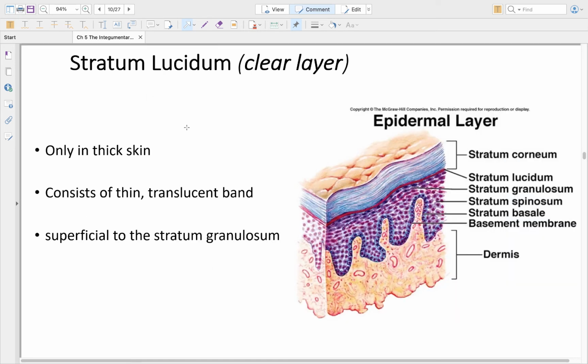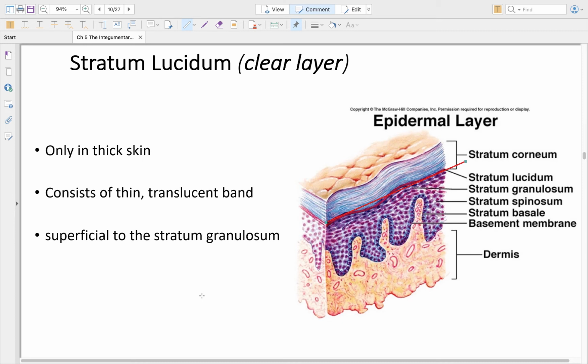Okay, stratum lucidum. Now, it's this little tiny clear layer, and it's only found in thick skin. And I'm just going to draw a line across. Okay, all right. It's thin, it's translucent, meaning you can see right through it normally and under the microscope.